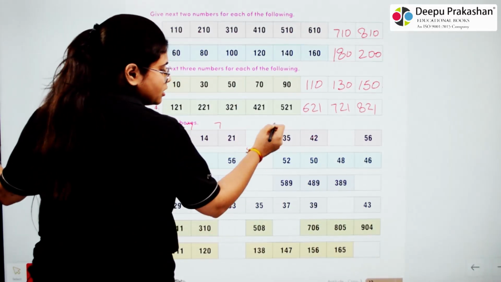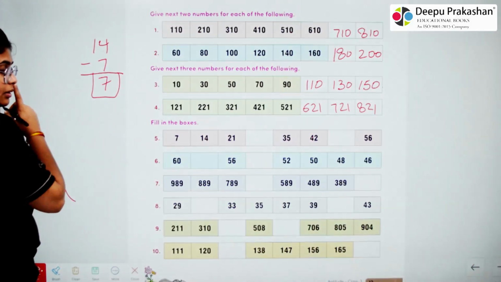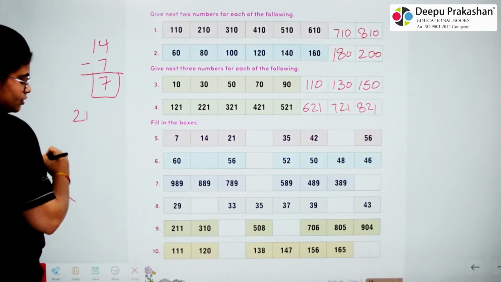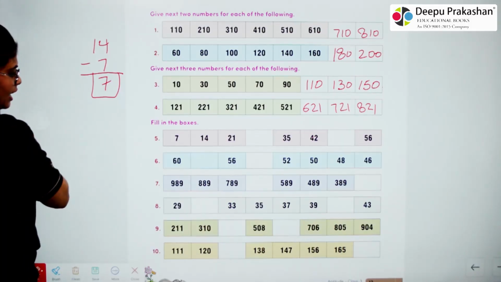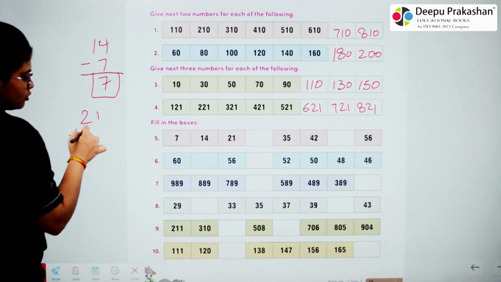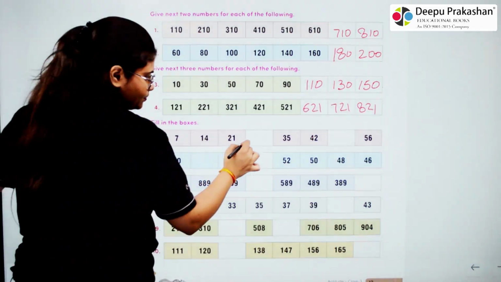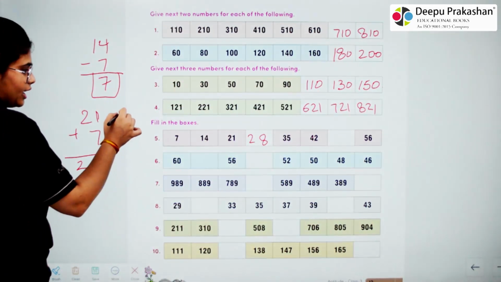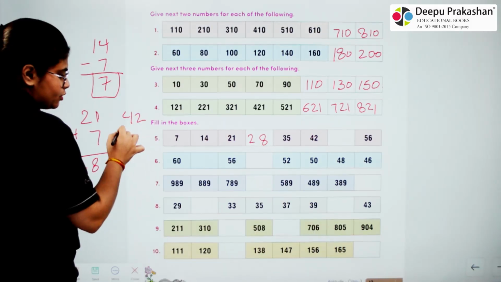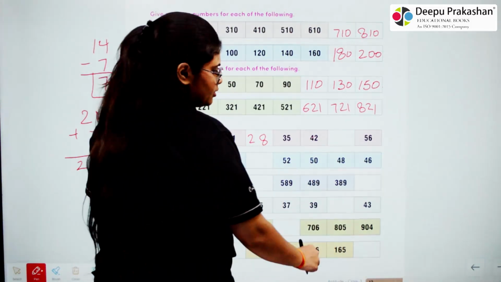So to find the first missing number, we need to add 7 to 21. So the answer will be 28. For the next number, we need to add 7 to 42 and we will get the answer as 49.